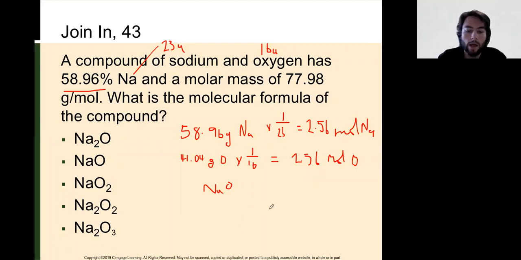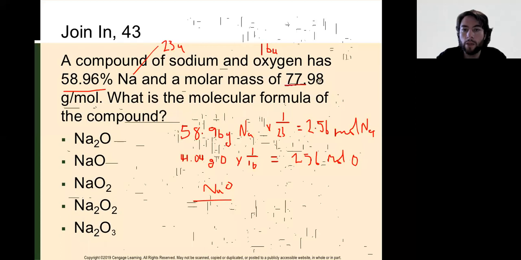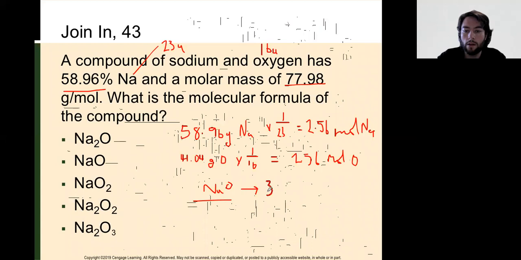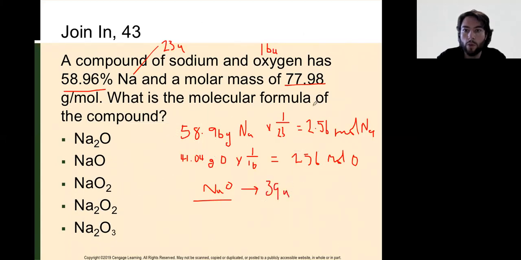What is the mass of NaO? Now that we've got the empirical formula, we still need to check whether the molar mass is the same as the empirical formula mass, or different. It's 23 plus 16, which gives us an empirical mass of 39 Daltons. This is not the same as 77.98.